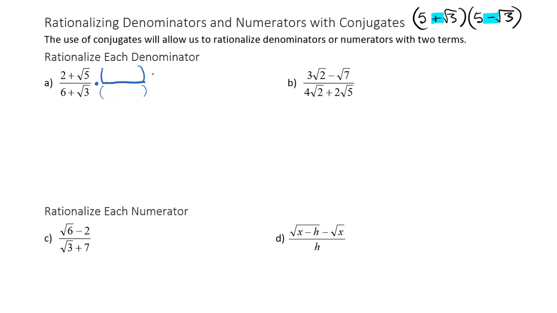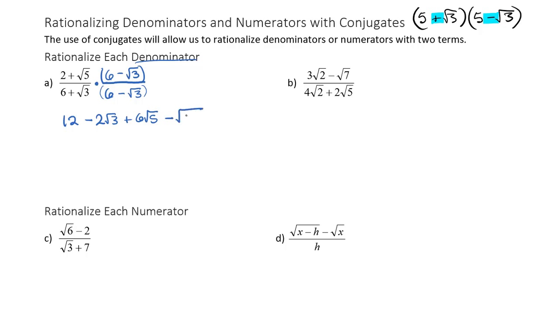In this case, we're trying to rationalize each denominator, so our conjugate to 6 plus root 3 will be 6 minus root 3. Whatever we multiply to the denominator, we also have to multiply to the numerator. This will give us 2 times 6, which is 12, 2 times negative root 3, which is negative 2 root 3, root 5 times 6, so plus 6 root 5, and positive root 5 times negative root 3.